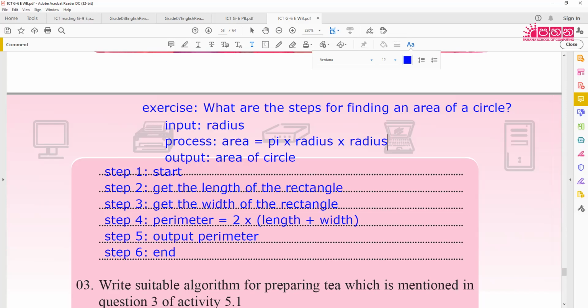So what is π? Have you learned that? 22 upon 7. Yeah, exactly. So I will put that one. So we will put 22 by 7. Yes.